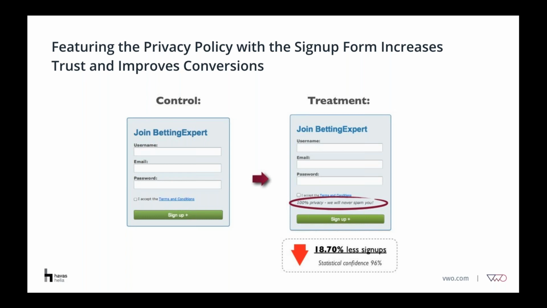This was very surprising, especially because privacy messages should ideally build trust with prospects. Apparently, the negative connotation of the word spam reduced sign-ups because it increased visitor anxiety instead of addressing their concern.